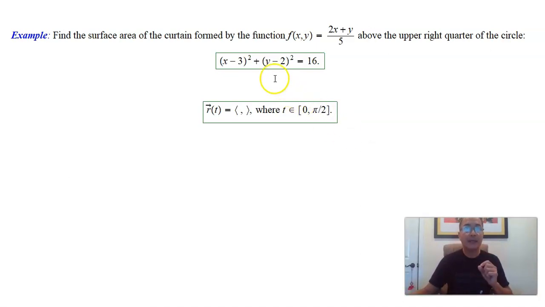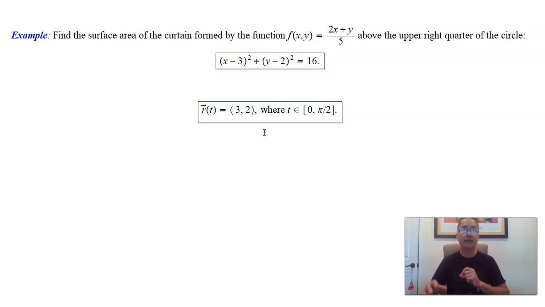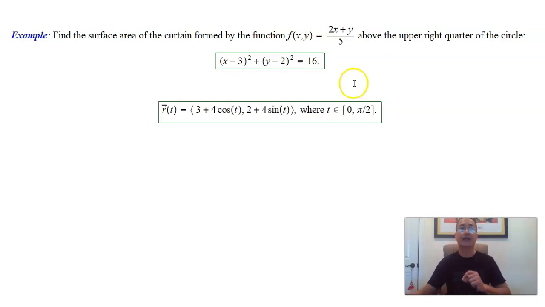How do we make the rest though? Our center is at 3, 2, so those go into our x and y. For x, we're going to use cosine, for y, sine. The radius is 4. So we have 3 plus 4 cosine of t and 2 plus 4 sine of t.